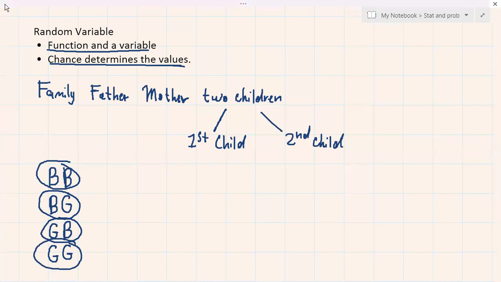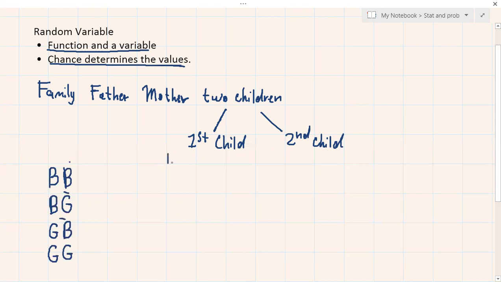Anyway. So yun. Ngayon, what if, curious ako. Gusto ko malaman yung number of girls. Okay. Gusto ko malaman ang number of girls kada experiment or outcome. So sa first outcome, di ba we have 2 boys.